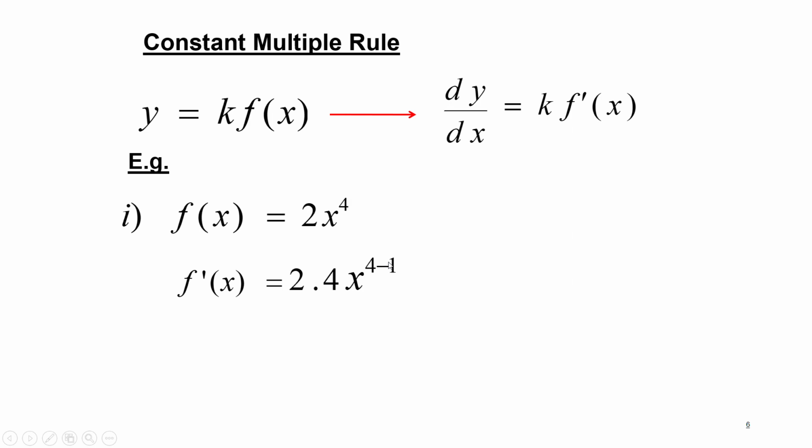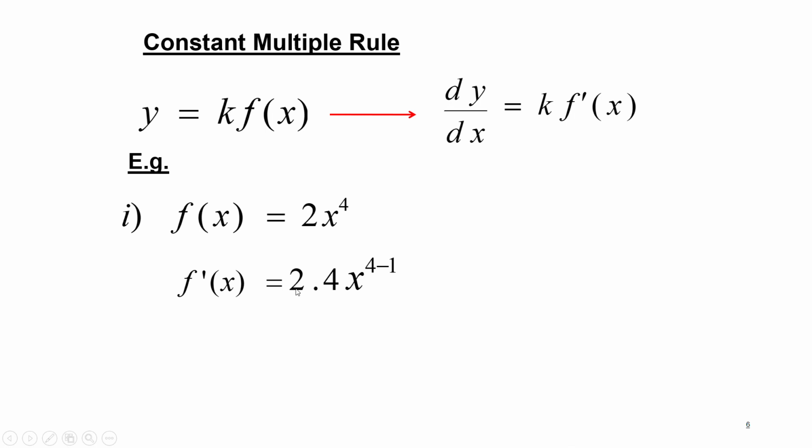That's what power rule says. The power comes in front or gets multiplied in front, and then it is multiplied to the variable, and whatever the power is there it gets reduced by 1. So this is why we say 4x to the power 4 minus 1, and this 2 we say it's a constant, so this 2 is also multiplied.